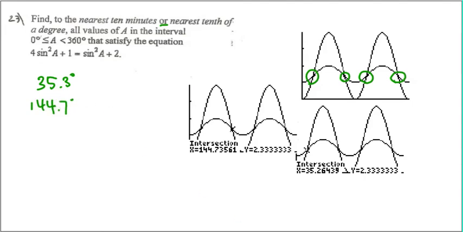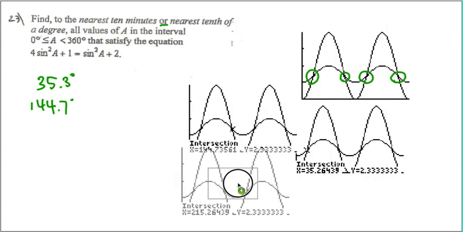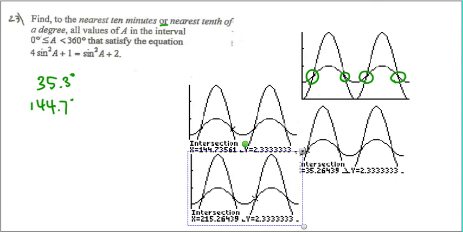Now the third one, second calc, number 5, second curve, guess. We just want to look at it closer to our intersection, so there it goes, 215.3. The last one.